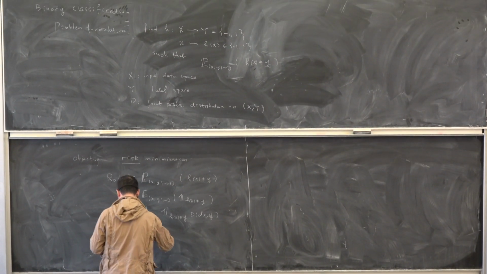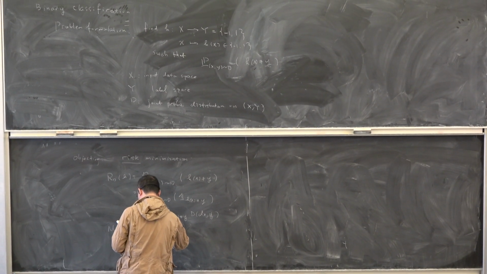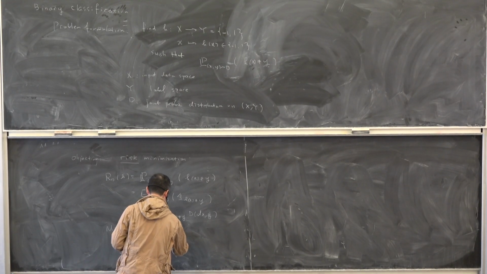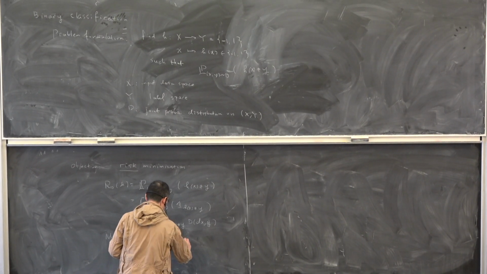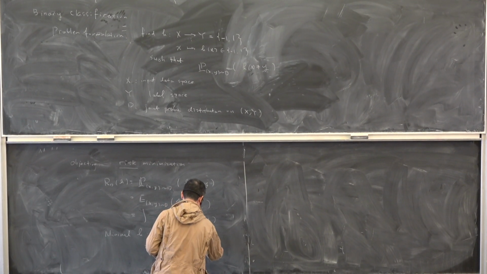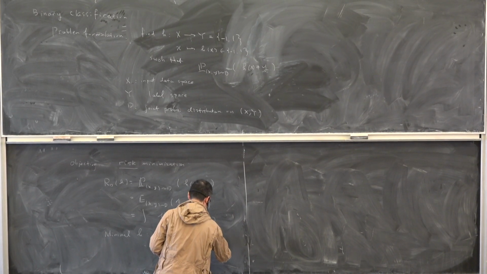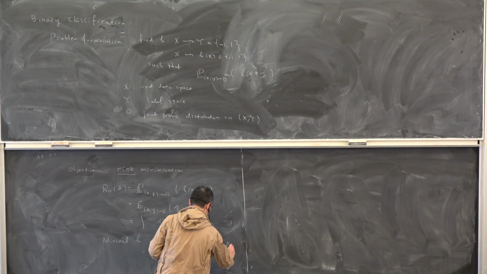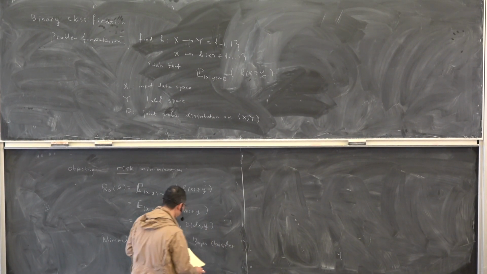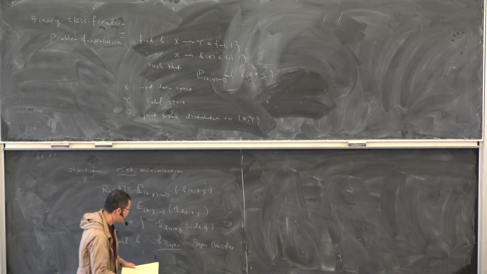So the objective is the risk minimization, and this minimal h, what we call the Bayes classifier. So you have a very particular h Bayes.